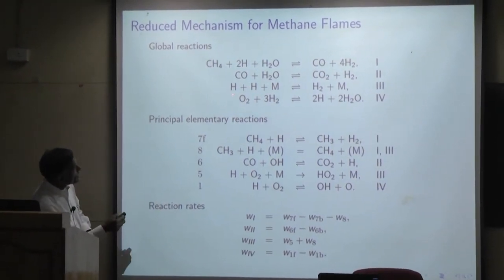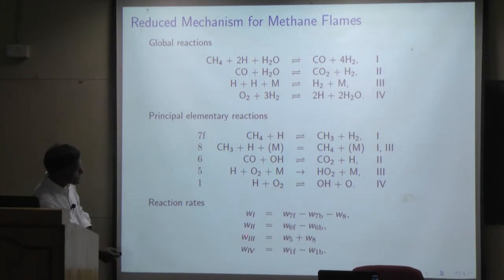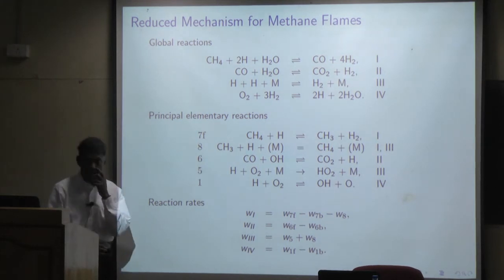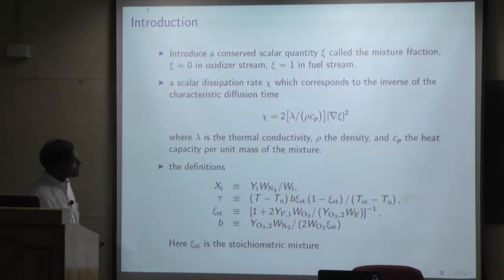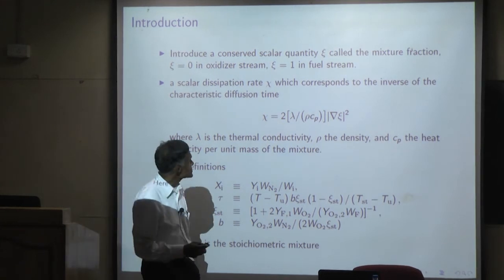And then this is the chain termination step, and this is the elementary reaction for that. And this is also chain termination, because CH3 reacts with H to go to CH4, so therefore that appears here. And that's the chain branching reaction. Right, so now the rest is somewhat mathematics.